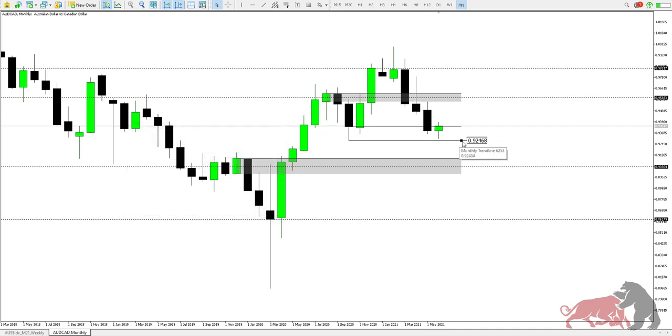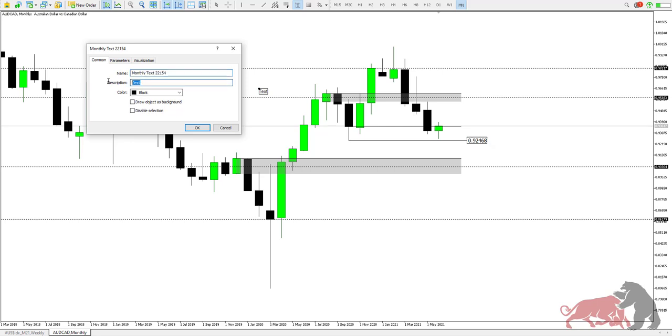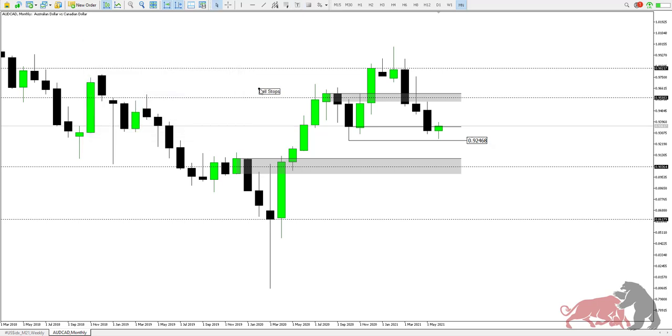What lies below 0.92468? We've got sell stops. We've got internal range liquidity in the form of sell stops. We've got sell stops here. Expect price to trade through.